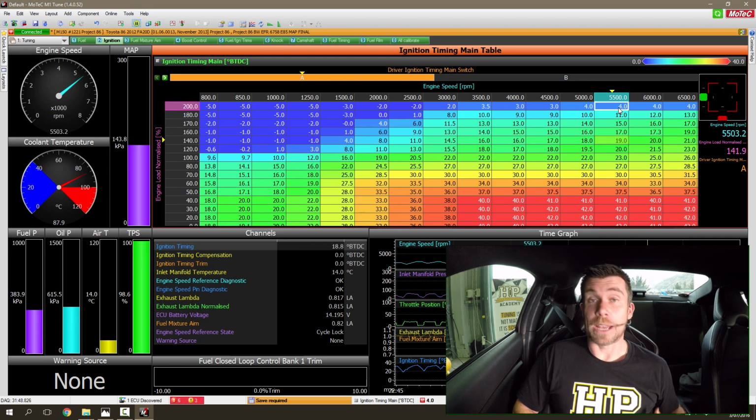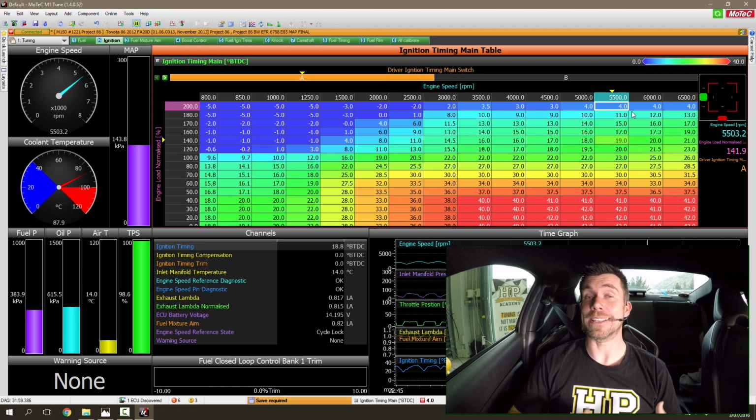At 200 kPa, which is well beyond the boost pressure I want the engine to run, I've very aggressively removed the timing. You can see we've got 4 degrees in there, and this is a safety backstop in case my boost control system fails and I end up running more boost than I want. This will remove the timing dramatically and help prevent detonation from occurring.